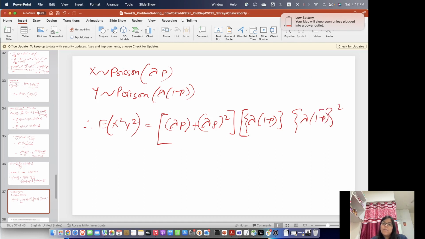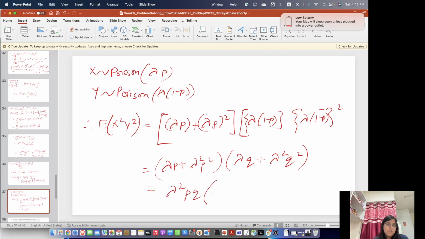So if I write 1 minus p as q, then we'll have lambda p plus lambda square p square, into lambda q plus lambda square q square. If we solve, we'll have something like this: lambda square pq into (lambda plus 1). This will be the answer.